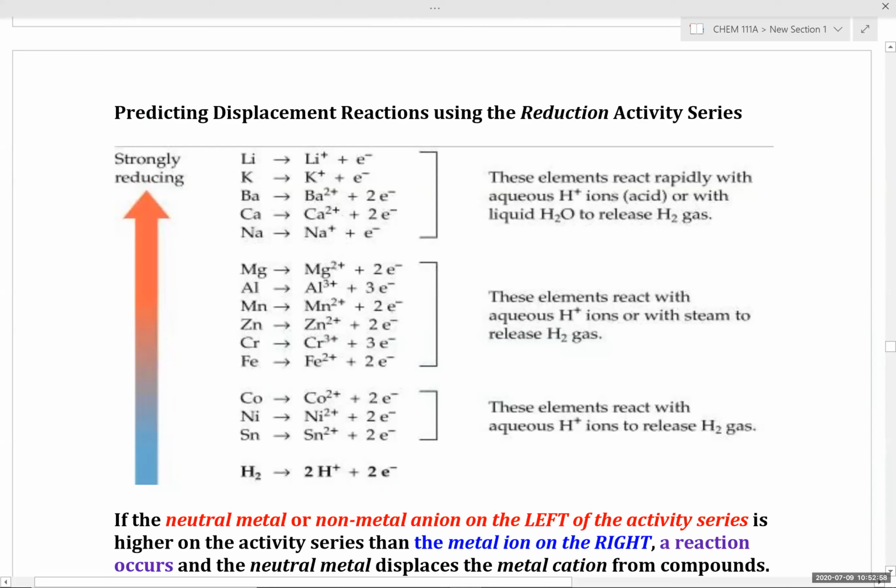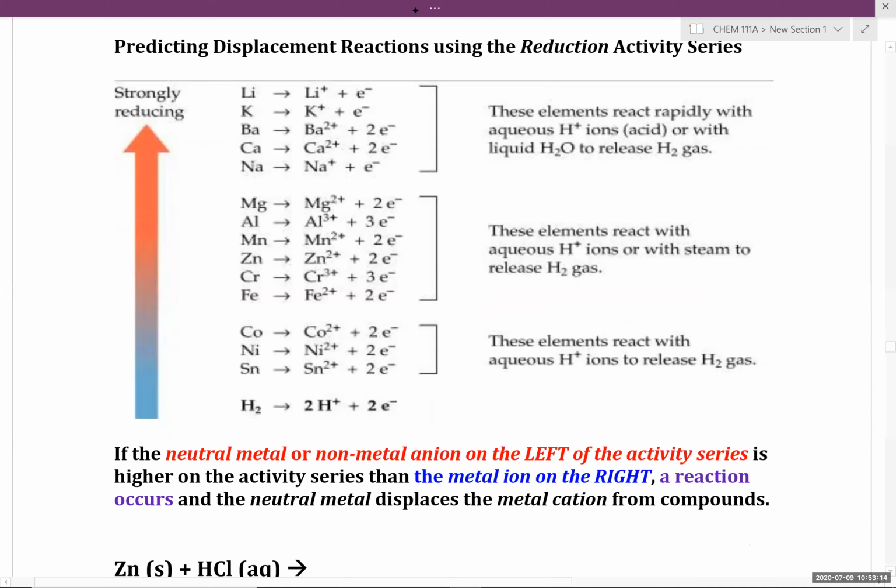So in order to predict displacement reactions using the reduction activity series, first and foremost, we have to follow these rules.